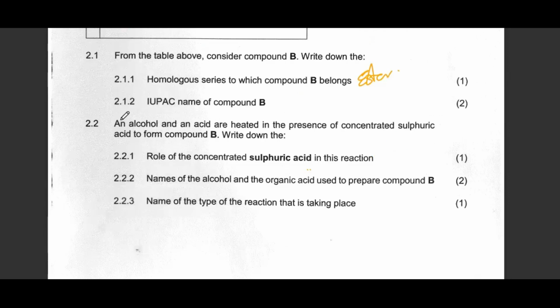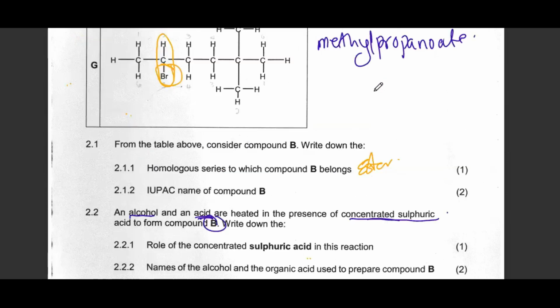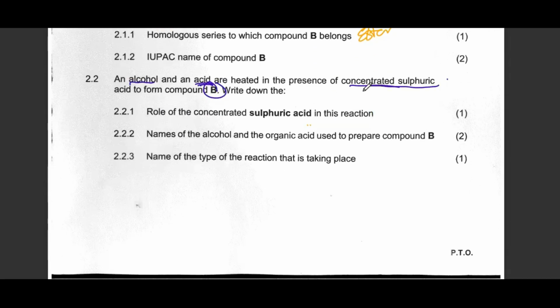And then they are saying that alcohol and acid are heated in the presence of concentrated sulfuric acid. It means that they are looking at the alcohol and the organic acid, in presence of a mineral acid, which is concentrated sulfuric acid, to form compound B. So now we said, what is compound B? Yes, we have seen compound B is methylpropanoate.